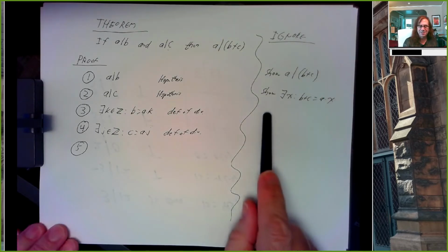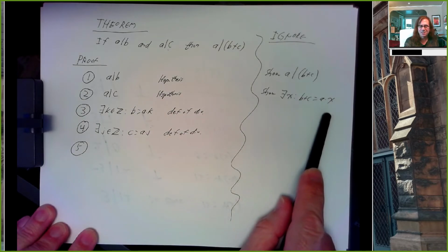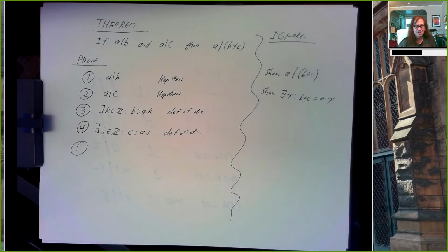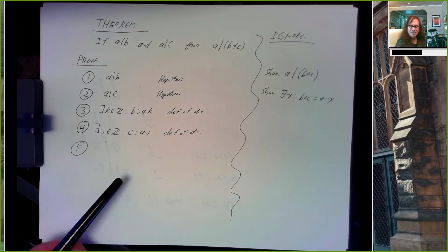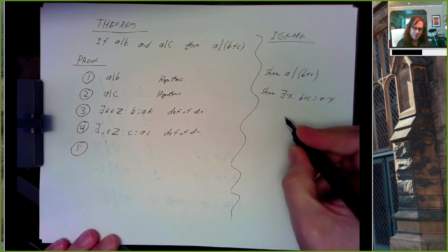If I could show that there's some x such that b plus c equals a times x, then I can say, therefore, by definition, a divides b plus c. So any ideas from what we've done so far how I can show that b plus c is equal to a times some integer?